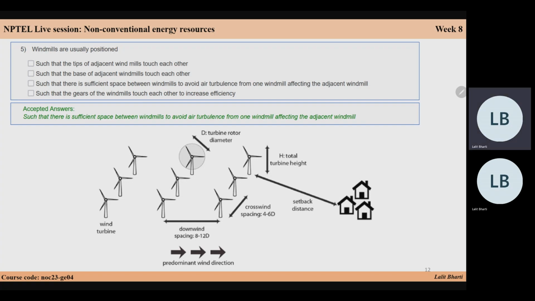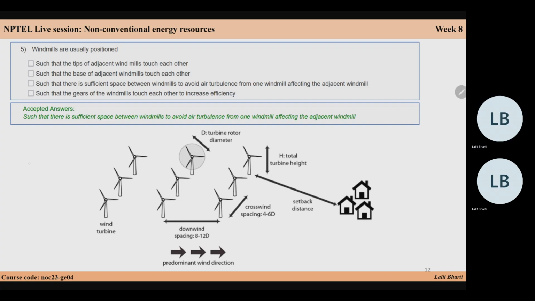That is one interesting question regarding the arrangement of wind turbines in an array. If you have multiple wind turbines, there are certain conditions to get the maximum efficiency.